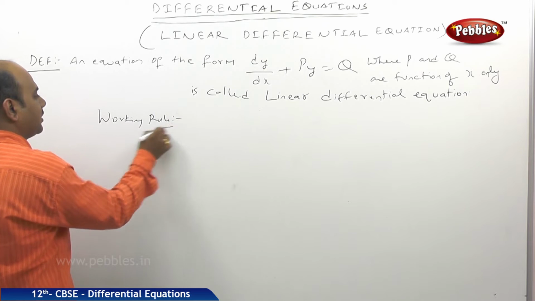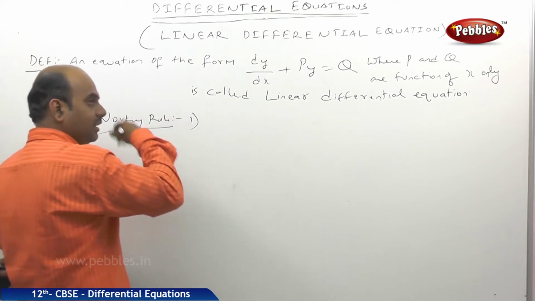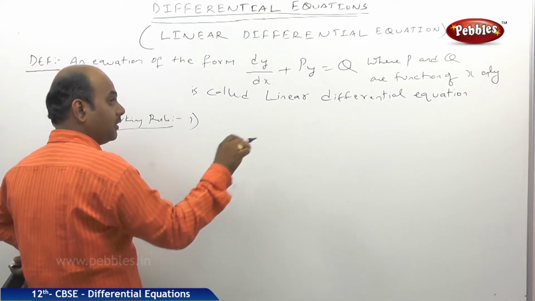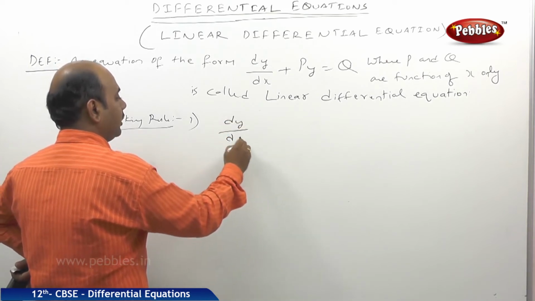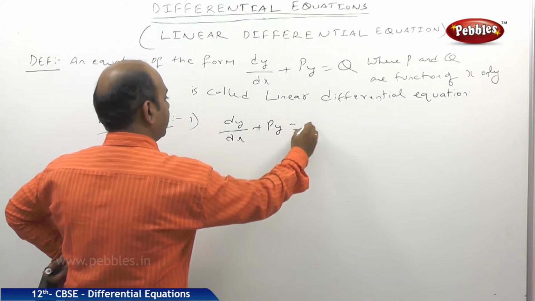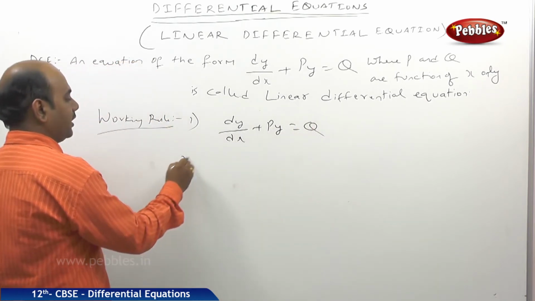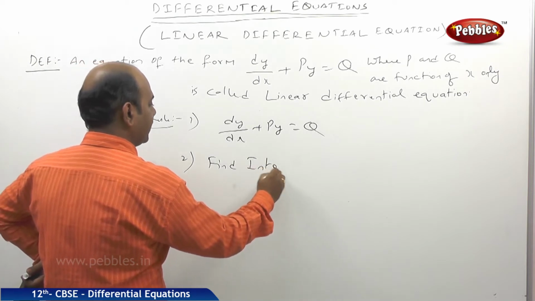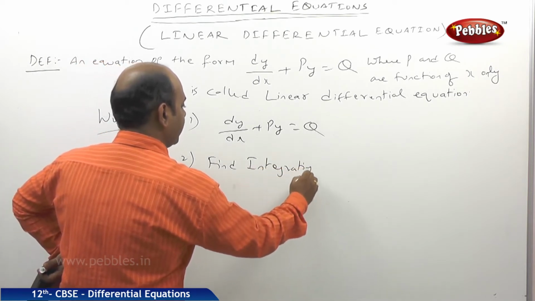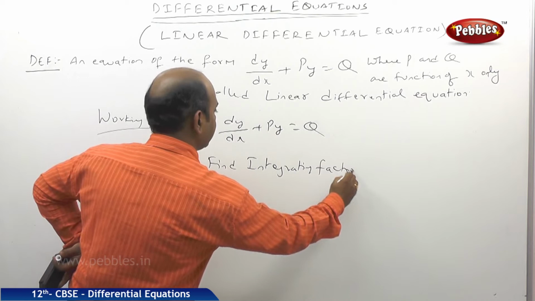I will be telling step by step. First, convert the given differential equation in the form dy by dx plus py is equal to q. Next, we need to find IF. IF means integrating factor. We need to find integrating factor.